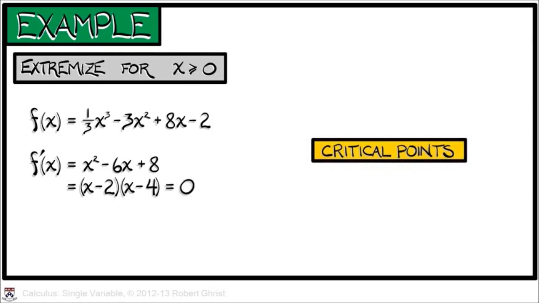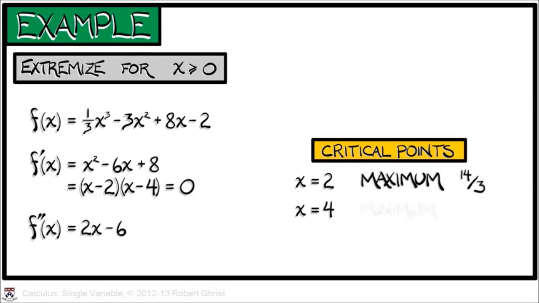And so setting that equal to 0 gives us a pair of critical points, x equals 2 and x equals 4. To classify them, let's compute the second derivative of f. That is simply 2x minus 6. And so we see that at x equals 2, we have a maximum with a value of 14/3.